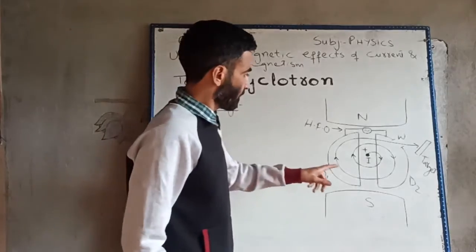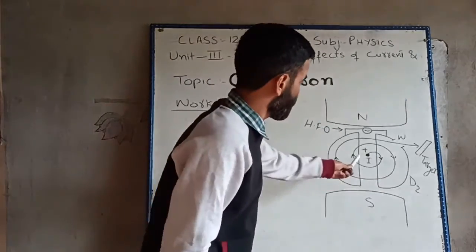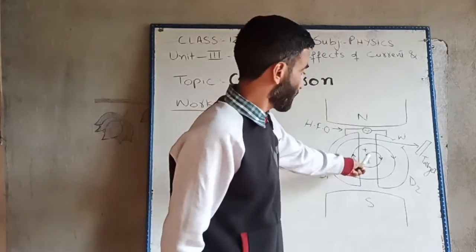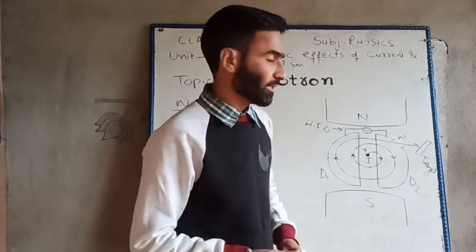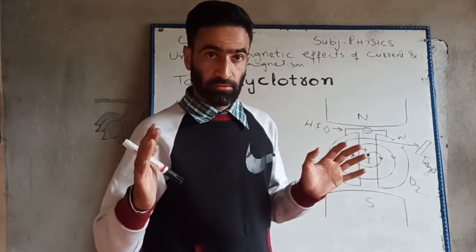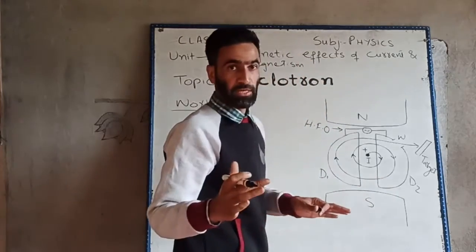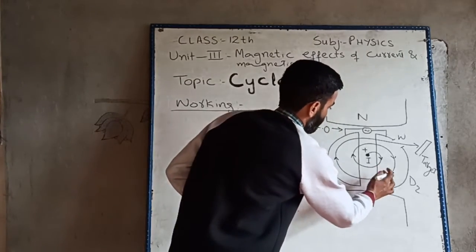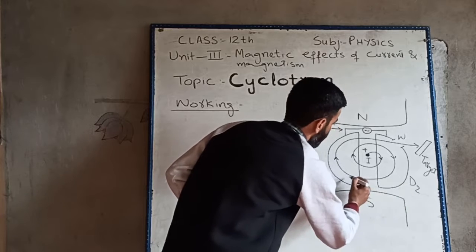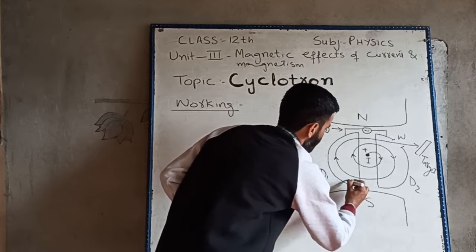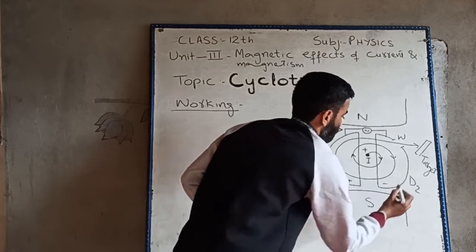This is the working. At the first step, this is the positive ion source, and it emits positively charged particles. Since these two Ds are connected with an oscillating electric field, let D1 be positive and D2 negative in the first half.